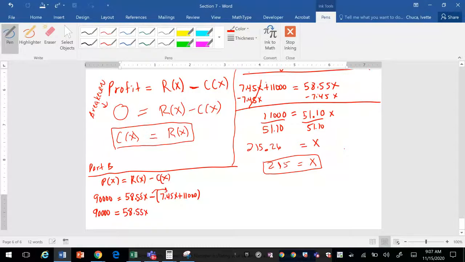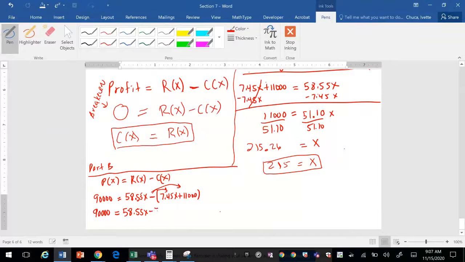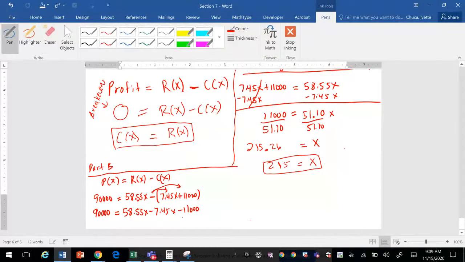We're distributing this negative out. Let's add 11,000 on both sides.